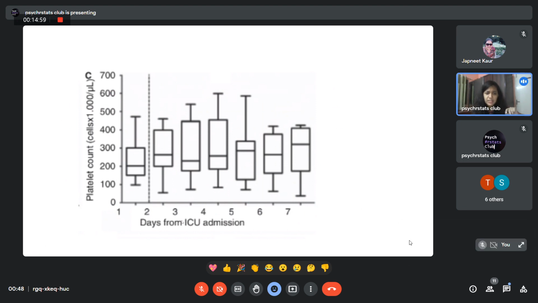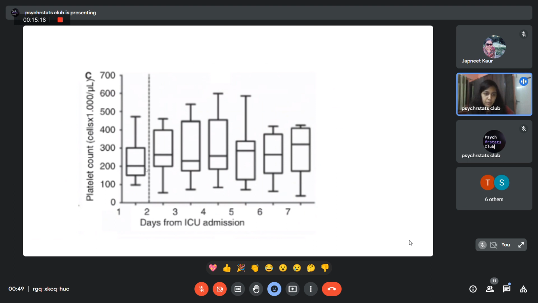This graph shows the days from ICU admission and the platelet count. Basically, on each day from ICU admission, how the platelet count varies. Between the first and second day, you can see the median platelet count was, say, 200.